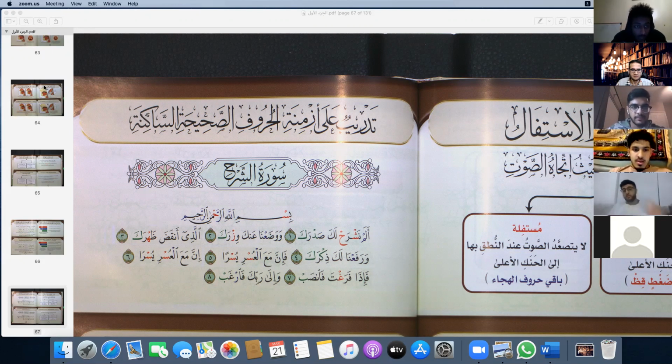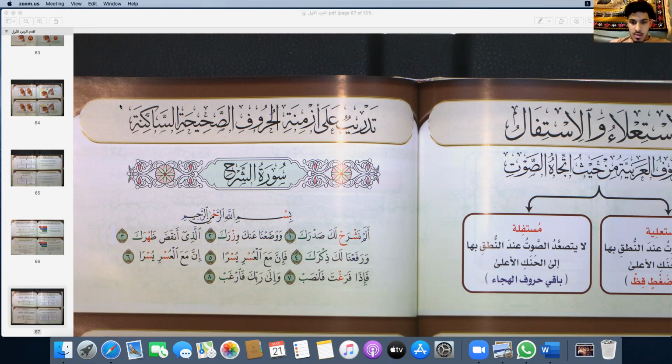بسم الله الرحمن الرحيم. ألم نشرح لك صدرك. ووضعنا عنك وزرك.